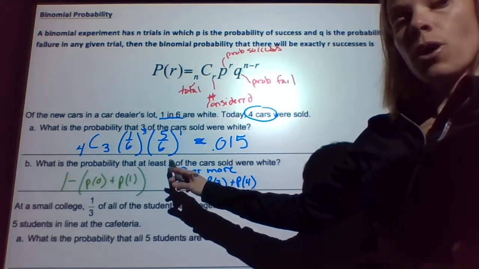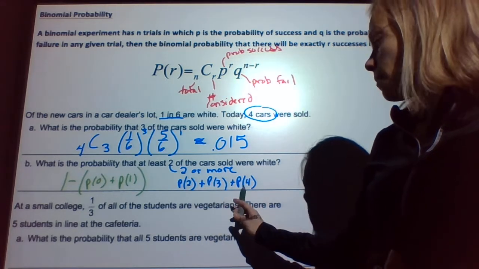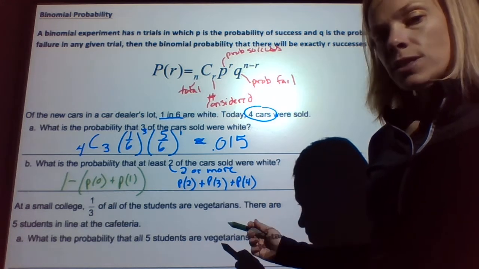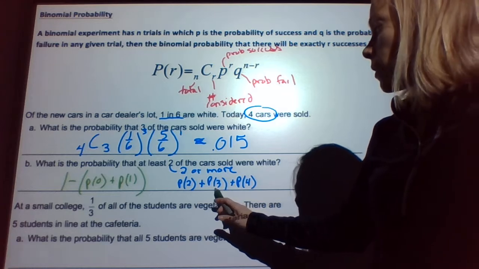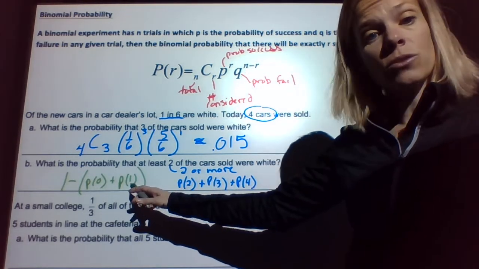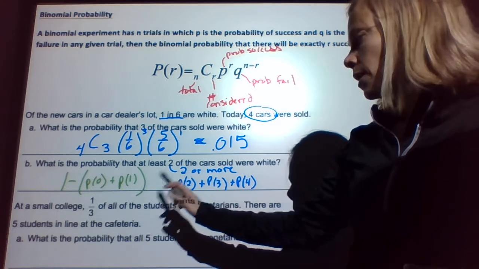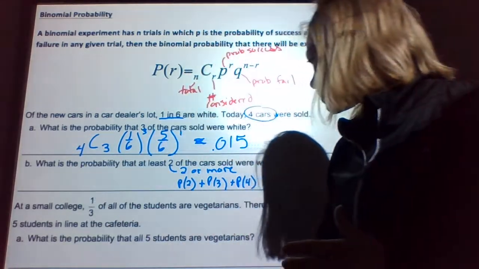If I did it as the problem read, at least 2, that's still 2 probabilities, because I already have this one, adding them together. But if I didn't have this probability of 3, then this one would be more work, and it'd actually be a little bit faster to do it by the complement, and sometimes that's the case. You want to use the complement to solve. In this case, we don't have to, so let's just go back and do that.